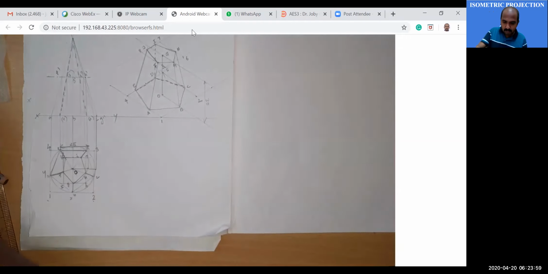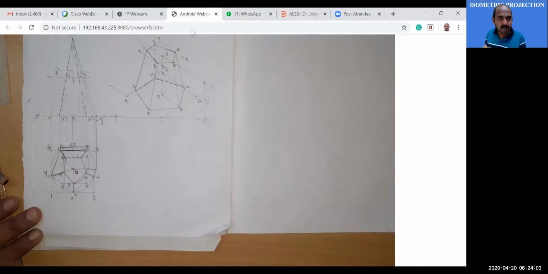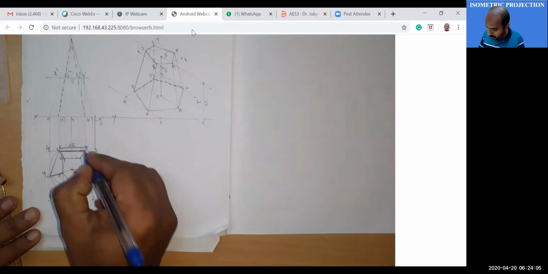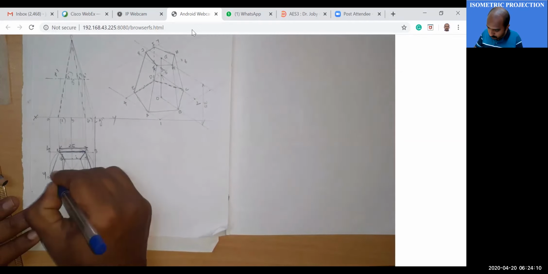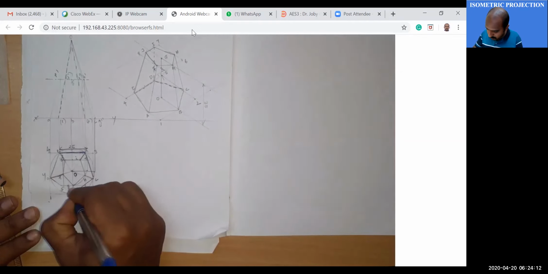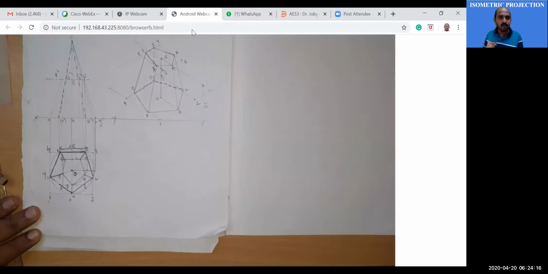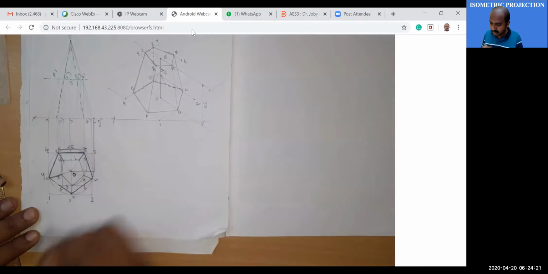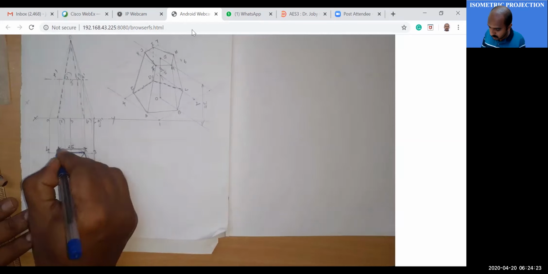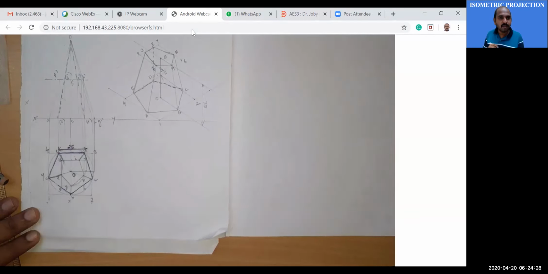Now we have completed a pentagon with 25 mm base edge. Clear?